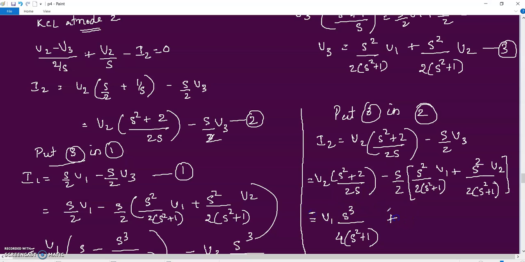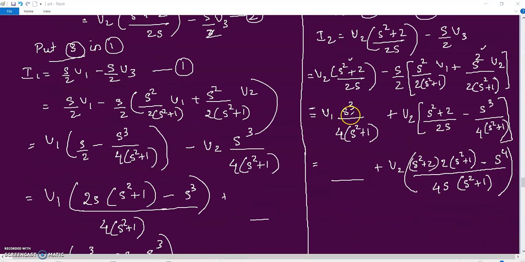Next we have V2. We can write these two terms together: V2 into first term (S square plus 2) by 2S. Here we have a minus S by 2. I have multiplied this S by 2 inside, S cube by 4 (S square plus 1). V1 need not be solved again, so I am writing V2 only.